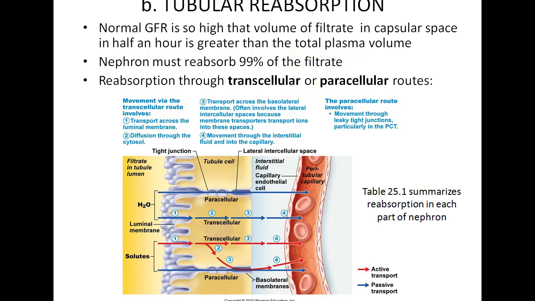And so the nephron must reabsorb 99% of that filtrate, since we're passing so much of it through. And in the slide below, we can see two main routes of reabsorption, one being a paracellular route between those tight junctions of the cells, and the second is transcellular, where we're actually moving substances through the cell membrane.